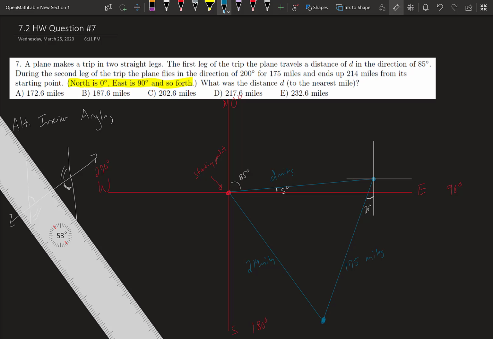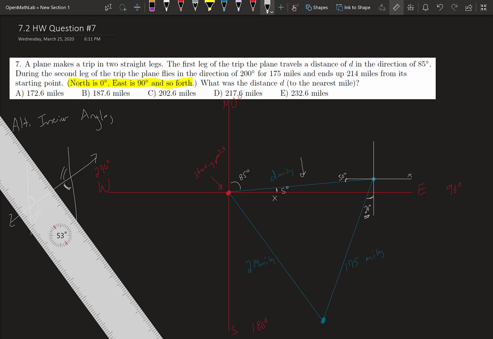Now we need to figure out at least one of the angles of the triangle. This x-axis here and this x-axis here are parallel, and this side here, that's d miles, is kind of like my transversal. So this angle is 5 degrees, and this part is 20 degrees as I filled in.